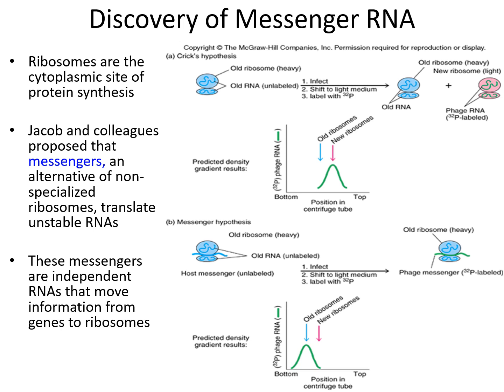The radio-labeled phage RNA in the experiment was found to be associated with all the ribosomes. As you can see here, all the ribosomes are associated with the radio-labeled phage RNA. Therefore, the ribosomal RNA was made before the infection, and ribosomal RNA does not carry information from DNA.